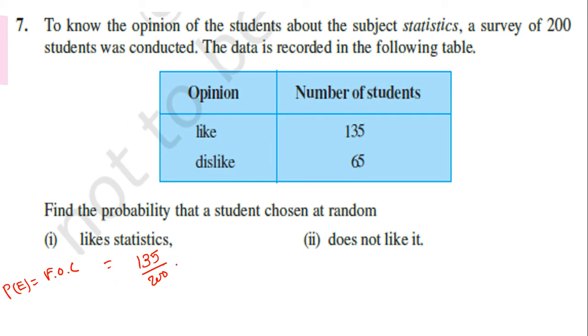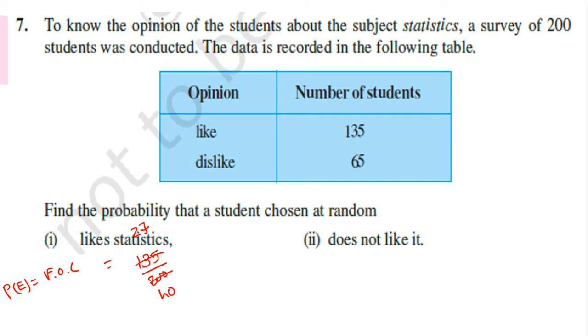So here 135 upon 200, these numbers we can cut now. 135 is divisible by 5 because the unit digit is 5. 5 2s are 10, 3 will remain, and 5 7s are 35, so 27 upon 40.